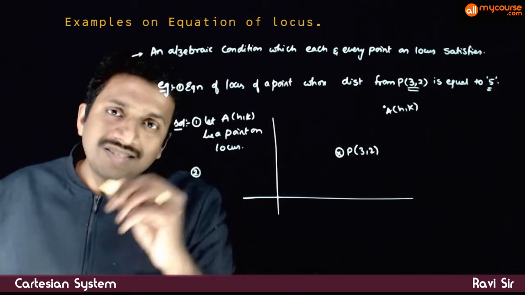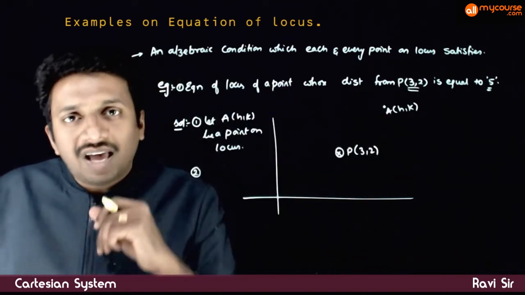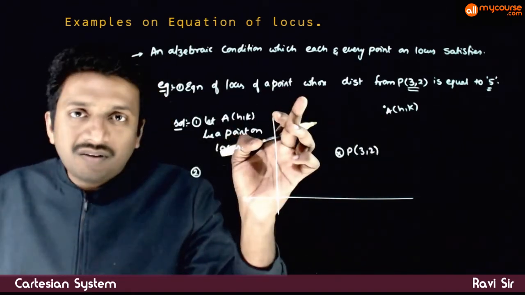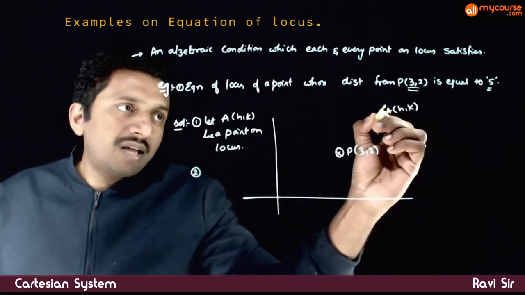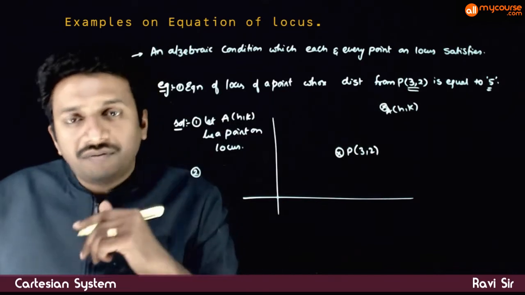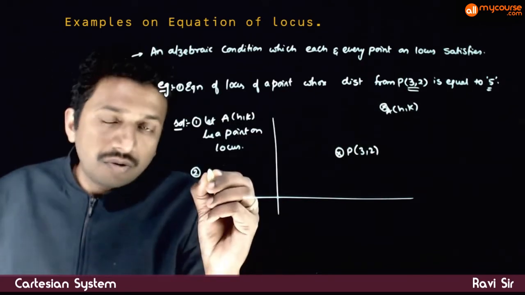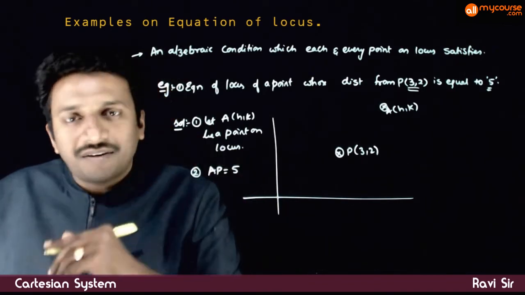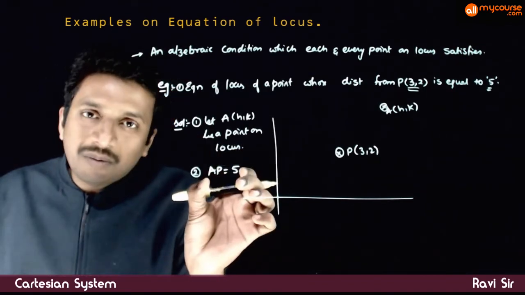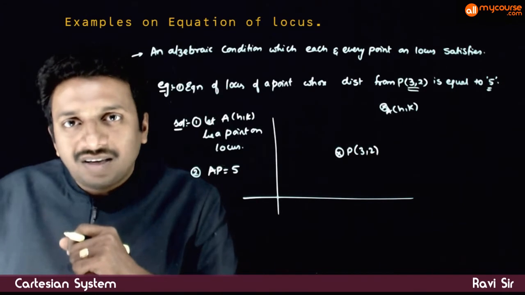Now, what is the condition that this A has to satisfy? According to the given question, the distance from A to P has to be equal to 5 units. So according to the question, AP has to be equal to 5. So this has become a partially mathematical equation.